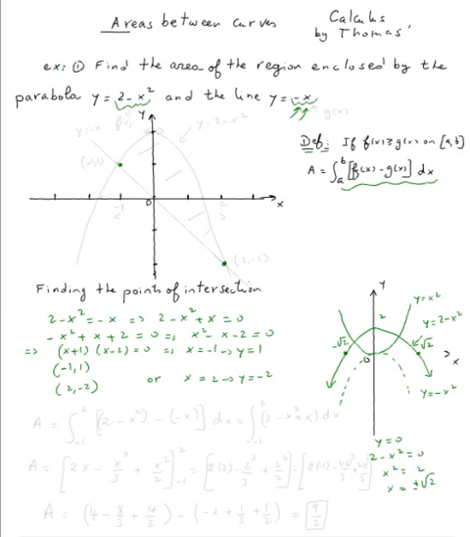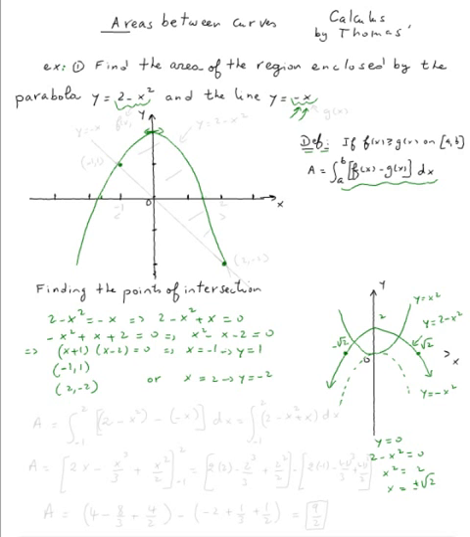It's a parabola facing down, and we know it's going to cross the square root of 2 somewhere here, the negative square root of 2 somewhere here, and of course it's going to go through these points.